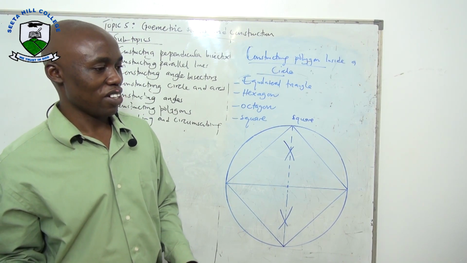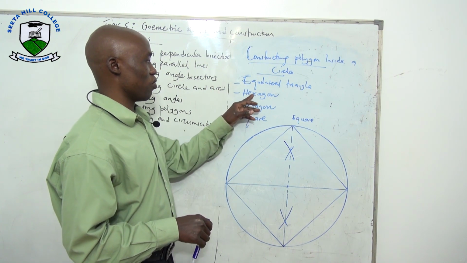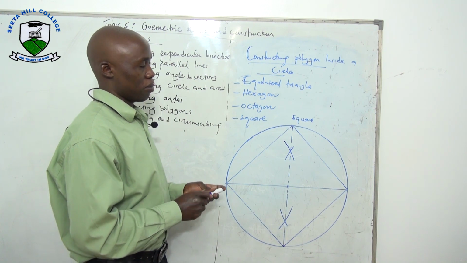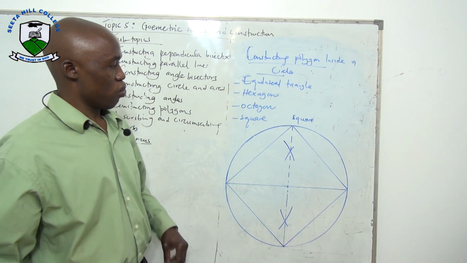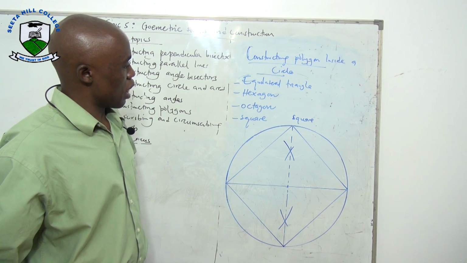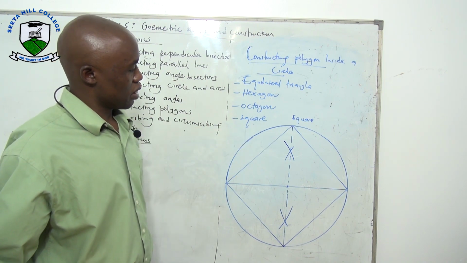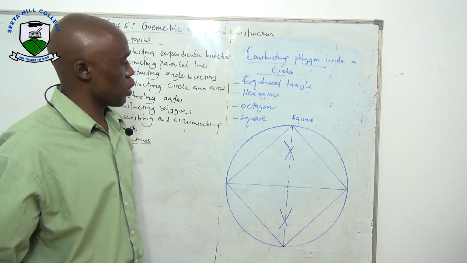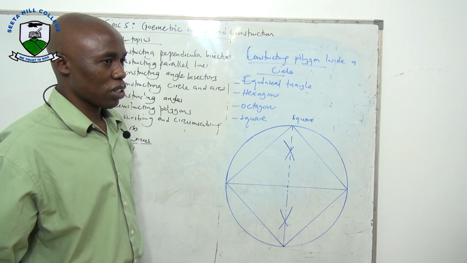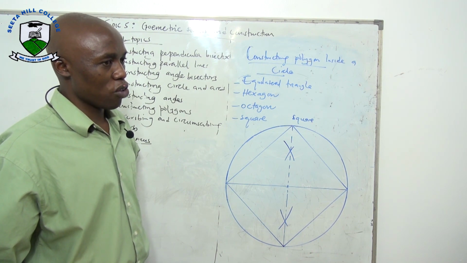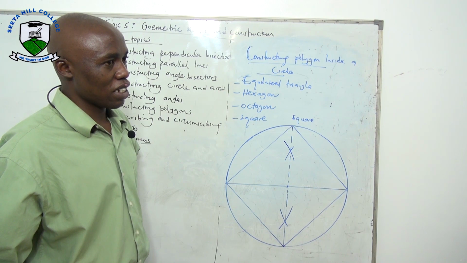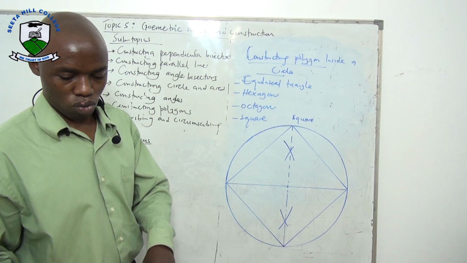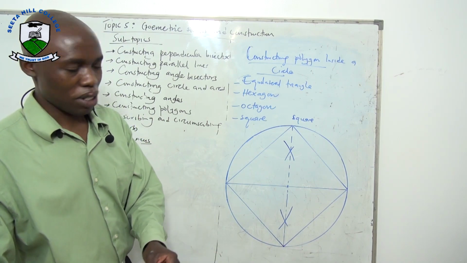Now I'm going to the equilateral triangle, and we shall progress up to it. Now, this is a square, but I can first have an octagon, because octagon is 8-sided and a square is 4. That means I just need to use a square to get an octagon. How?